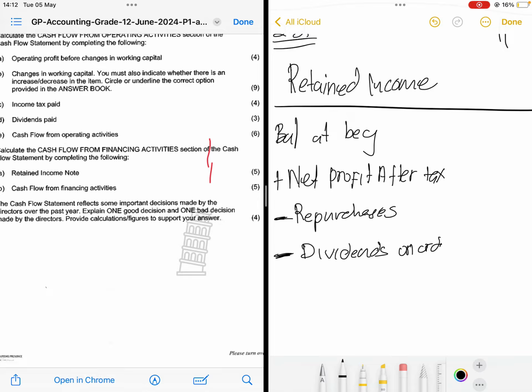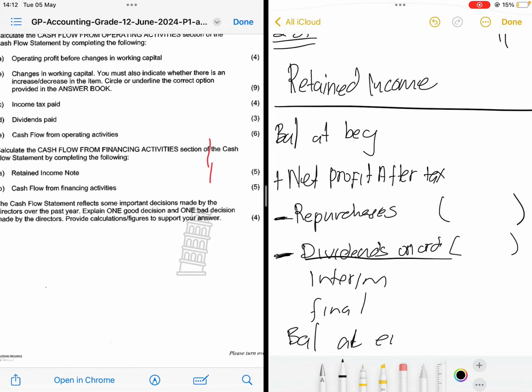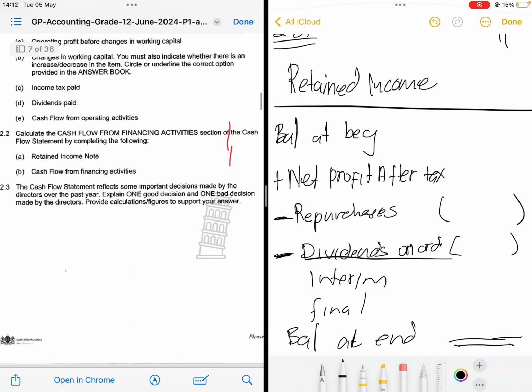Are we together? You subtract the repurchases and the dividends, then you will get the remaining funds that need to be retained. Now you're going to have the interim, the final. Then you're going to have the balance at the end.